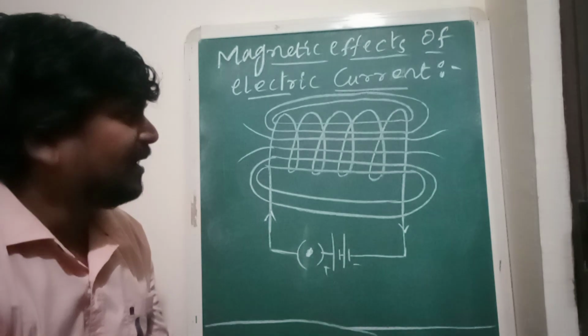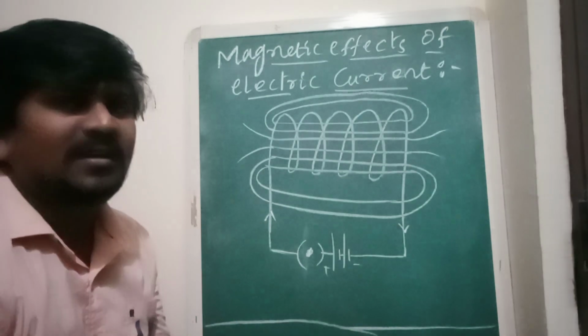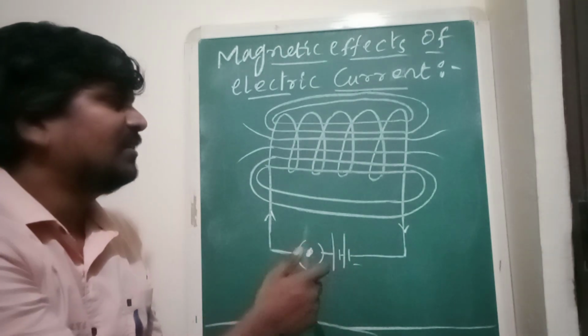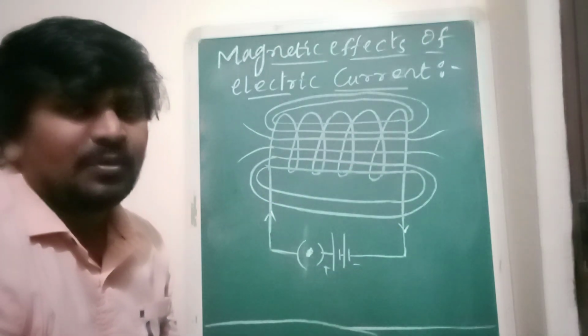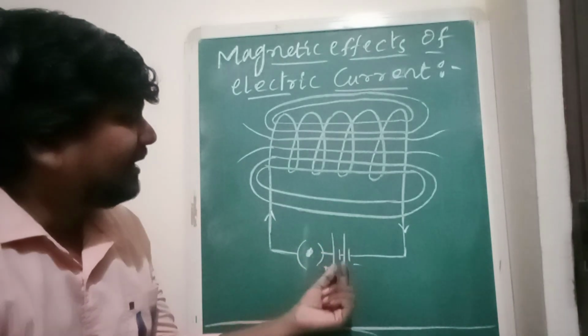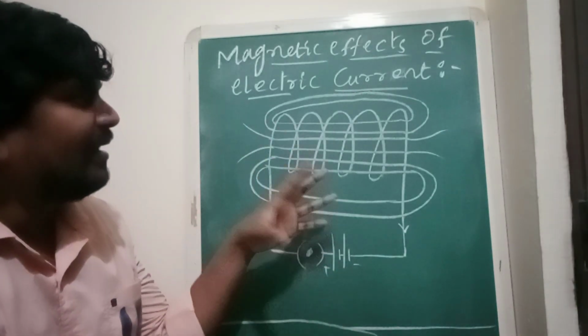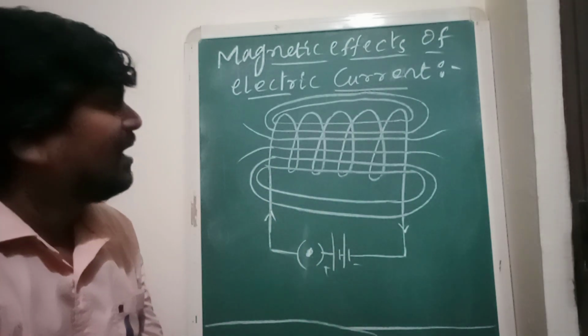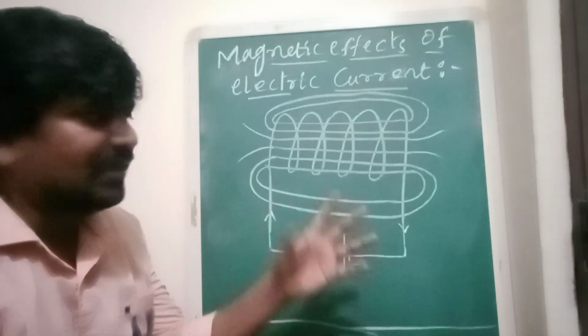If you compare a temporary magnet and a permanent magnet, first we will learn this, later we'll learn about the comparison. First we can see, when the current is passing through it, the solenoid behaves as a magnet. Then a magnetic field will be created around it.